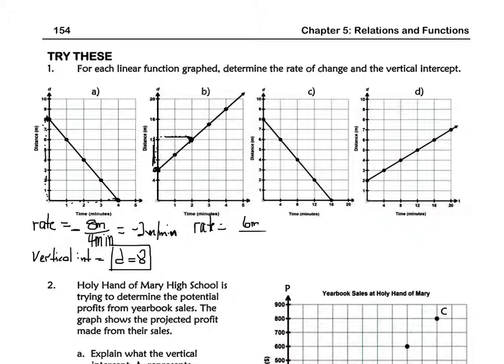Meters, not minutes. And the change in time would be from 0 to 2 minutes. And this would be a positive rate of change because it's increasing as time goes on, so that reduces to 3 meters per minute.